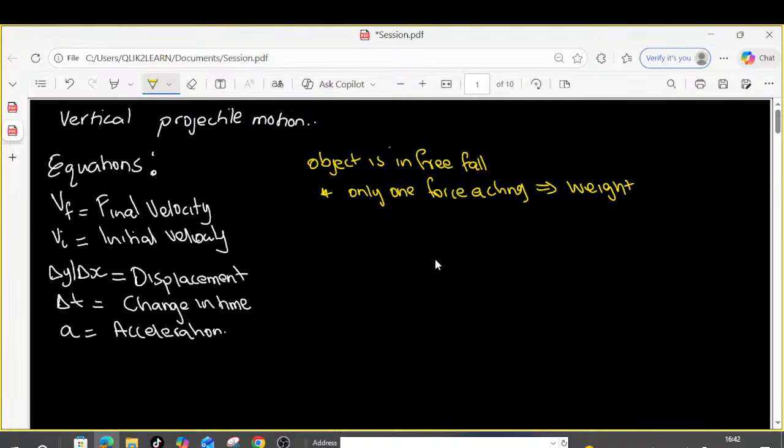So the object accelerates due to only gravitational acceleration, and sometimes this will change. You'll see how this works. Right, so now I'm just gonna give you the equations that we're going to use. I'll only focus on the CAPS equations.